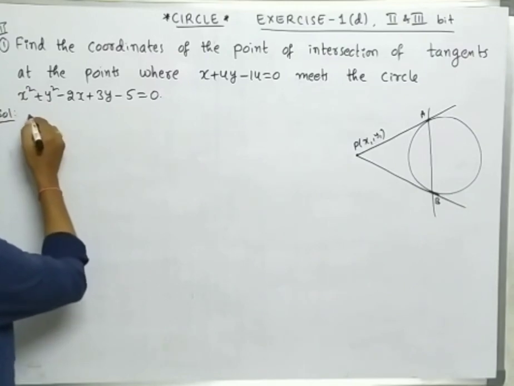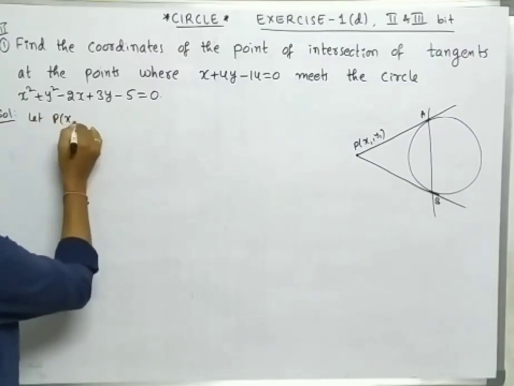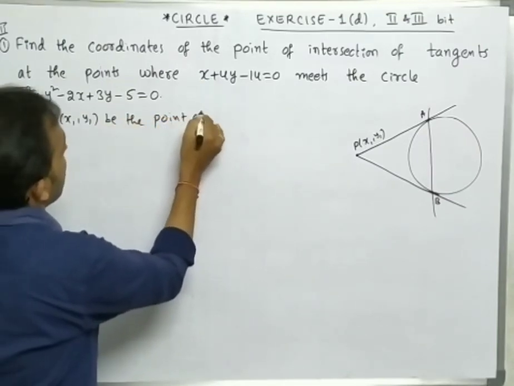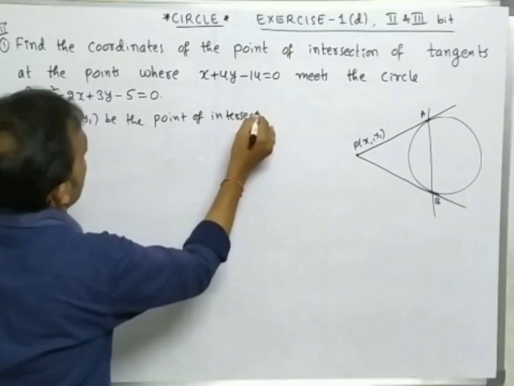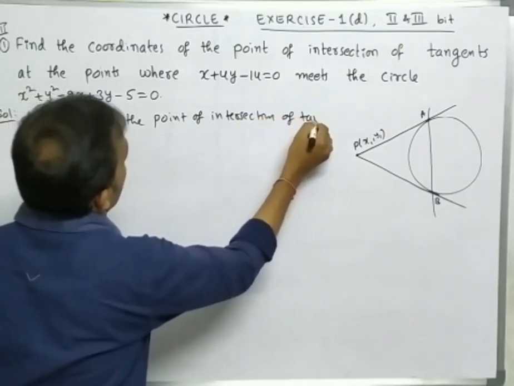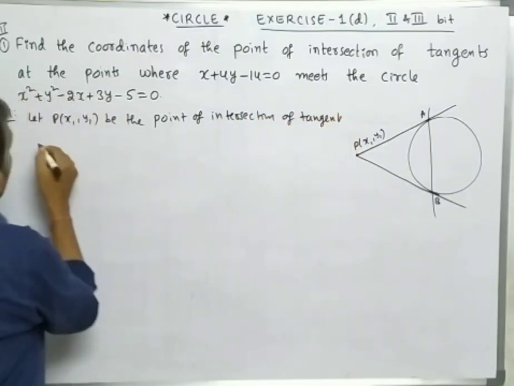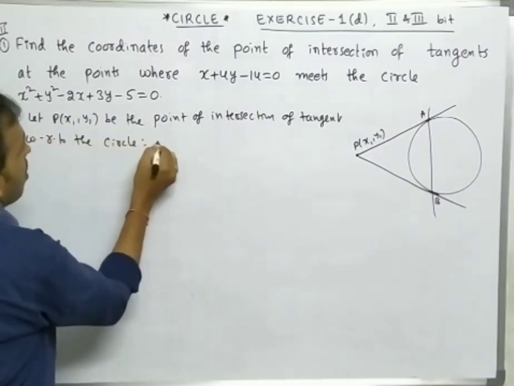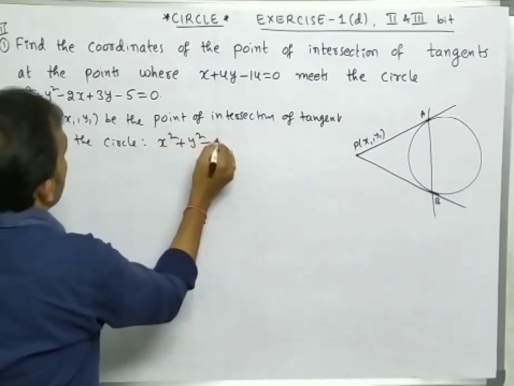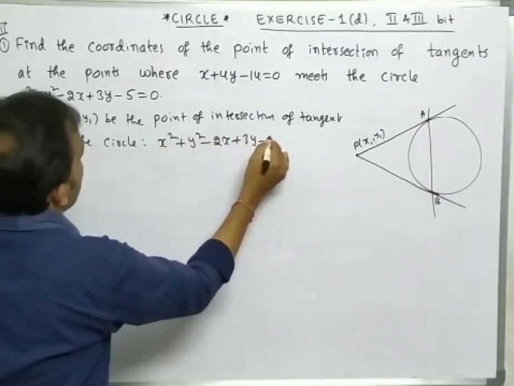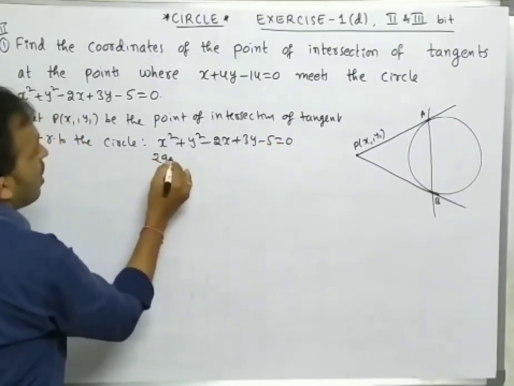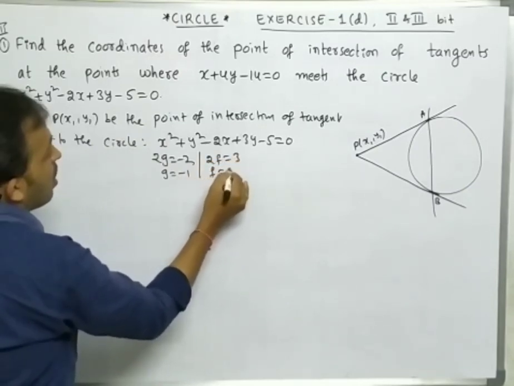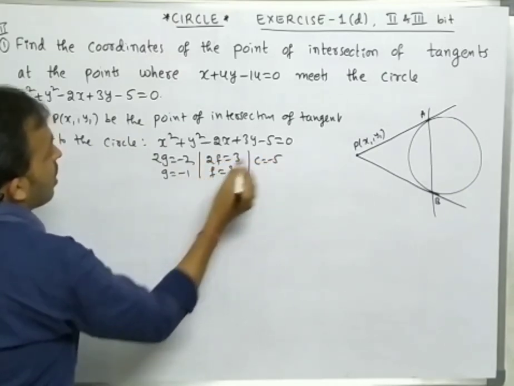Okay, so let P (x1, y1) be the point of intersection of tangents with respect to the circle x square plus y square minus 2x plus 3y minus 5 is equal to 0. So immediately 2g is equal to minus 2, g is equal to minus 1, 2f is equal to 3, f is equal to 3 by 2, and c is equal to minus 5.